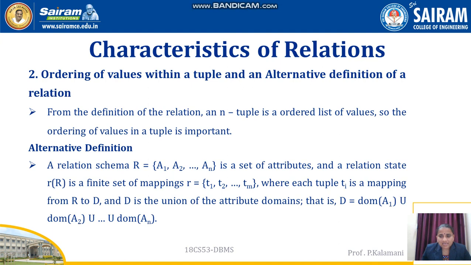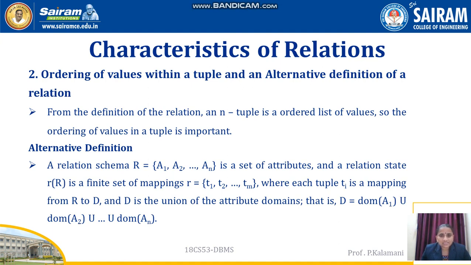When we are entering the values also, we give USN, name, date of birth. The same order should be stored. Otherwise, the column name will be different and the value will be different. So the ordering of values is important. That means relation is sensitive to the ordering of the values but not sensitive to the ordering of tuples.